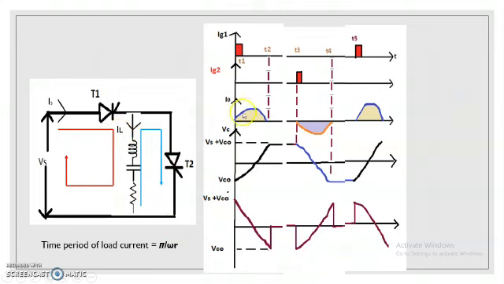So you are getting an oscillatory output, and the frequency of this oscillatory output is named the ringing frequency. The condition for underdamped oscillation is that the value of R squared should be less than 4 times L divided by C.